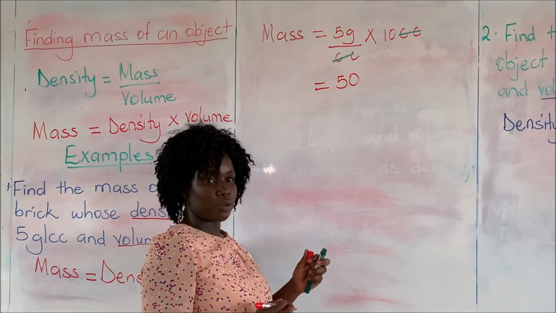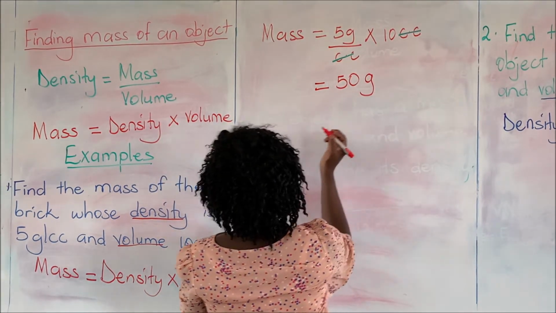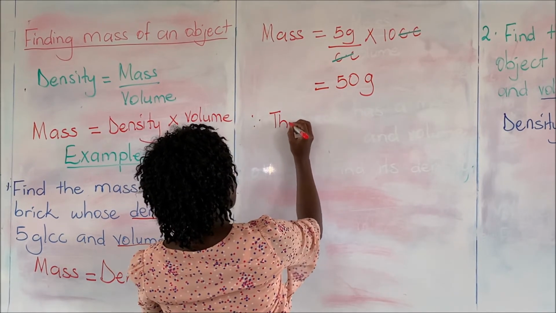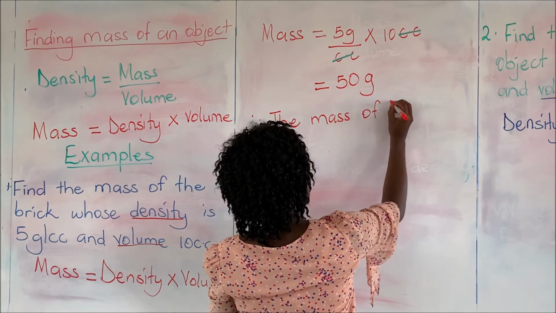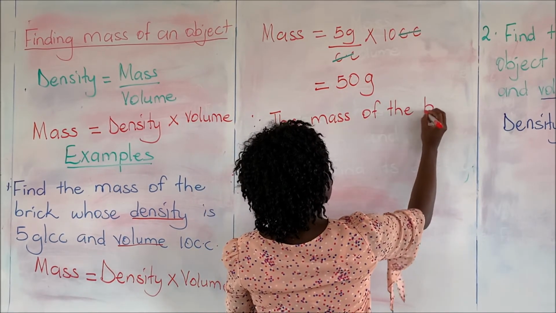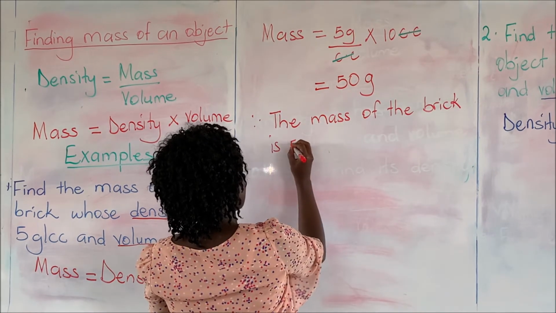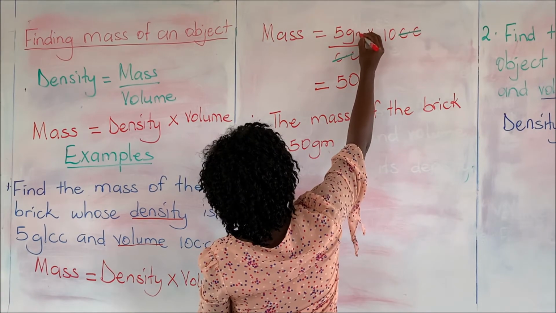And what are the units that we have remained with? Grams. So we say, therefore, the mass of the brick is 50 grams.